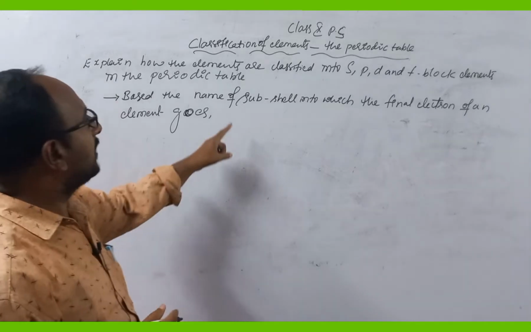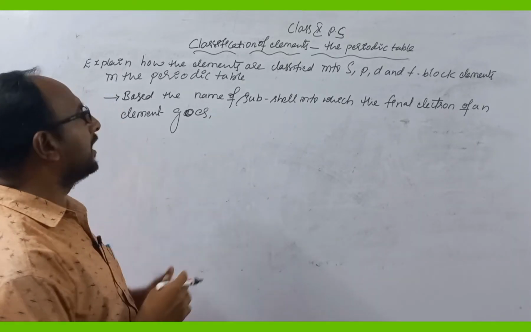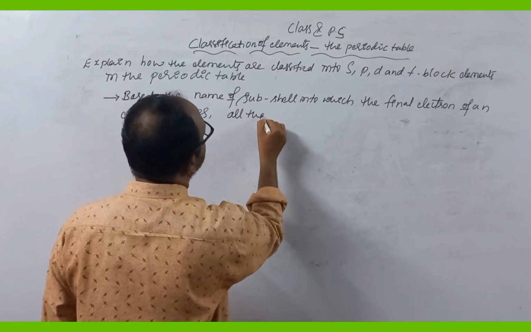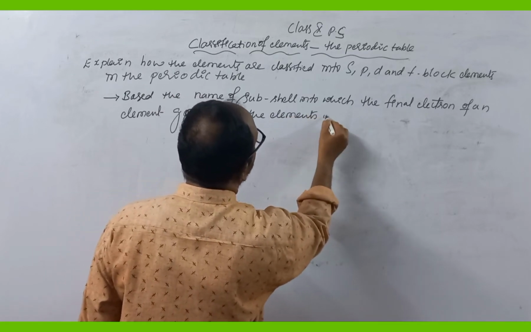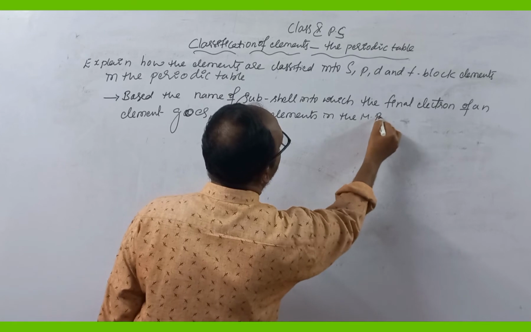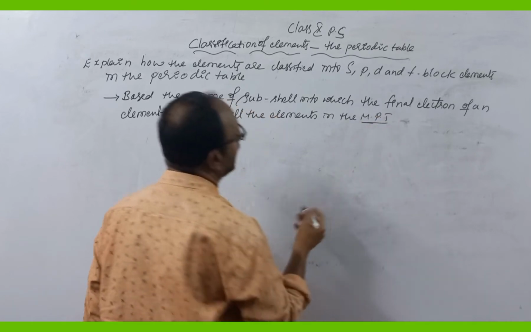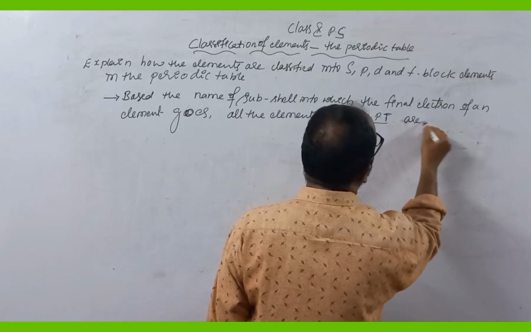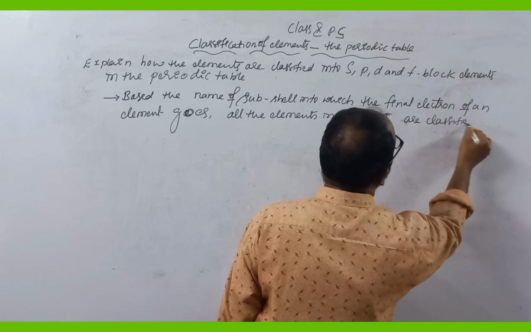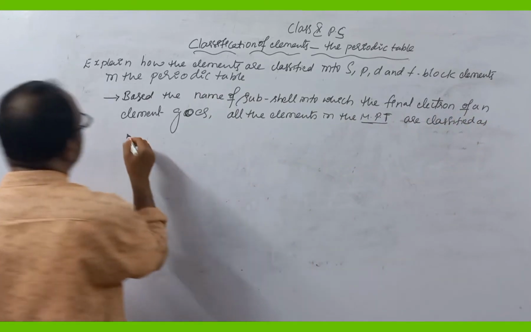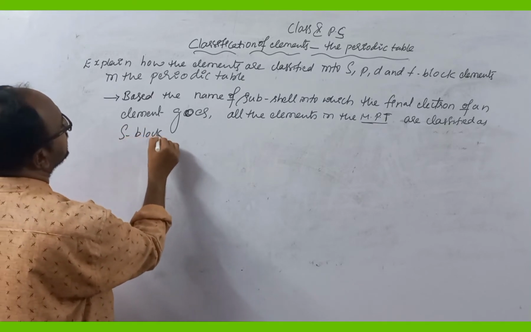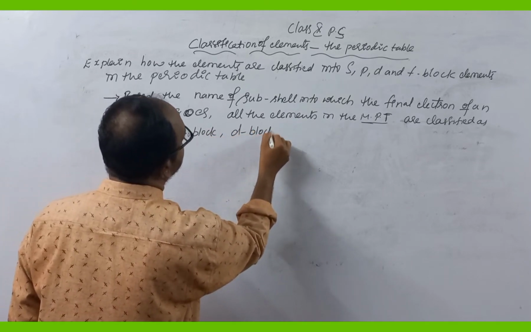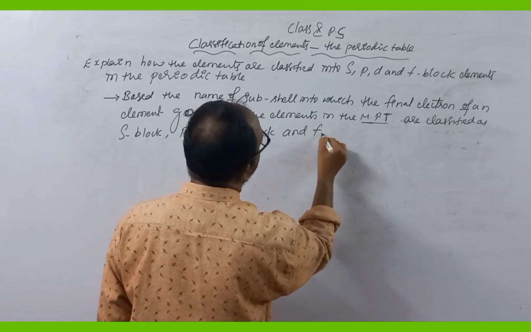So using the concept of the name of the subshell into which the final electron of an element goes, all the elements in the modern periodic table, students, MPT means modern periodic table, are classified as S block elements, P block elements, D block elements and F block elements.